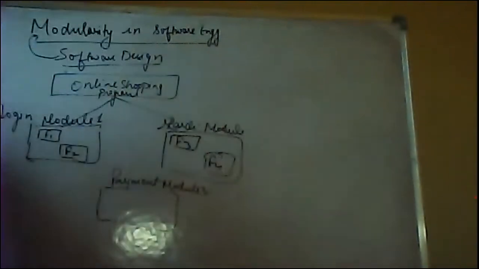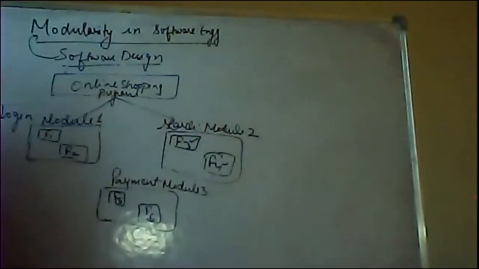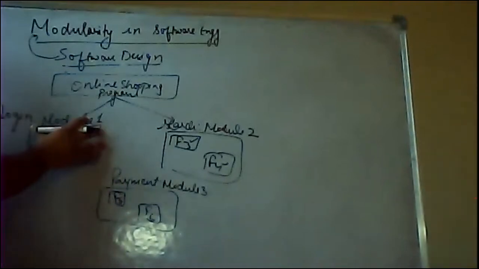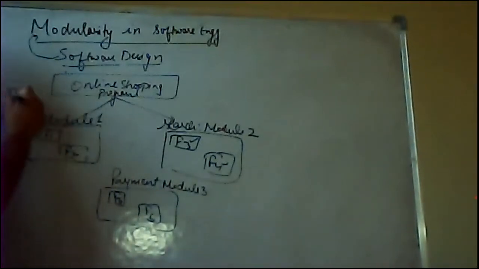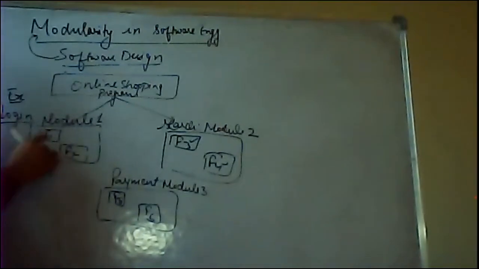There is function 1 in module 1, function 2 in module 2, function 3 and function 4 in module 2, and there is another function in module 3. This is modularity. It means your main program is decomposed into different modules. Module 1 is the example I have given, my login page, and this login page has different functions.